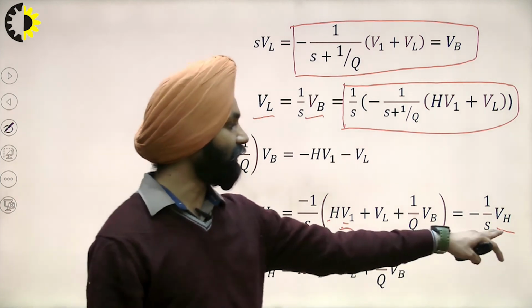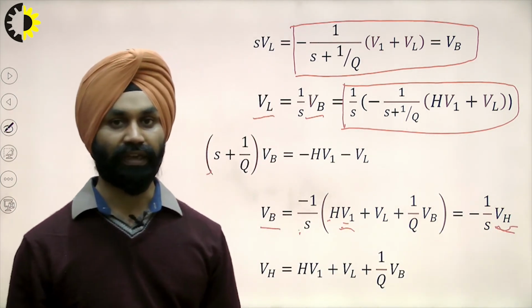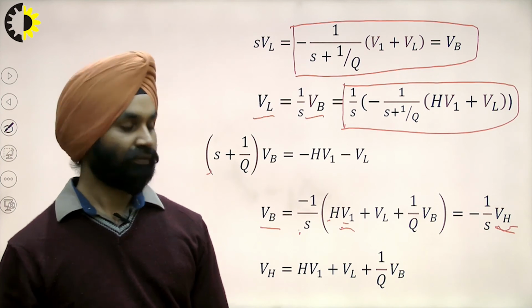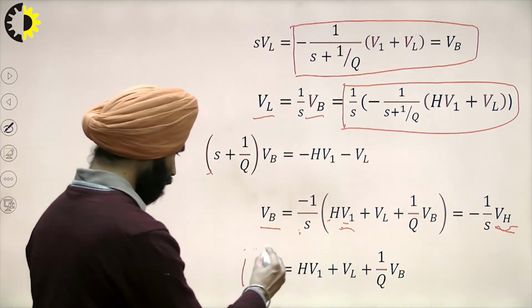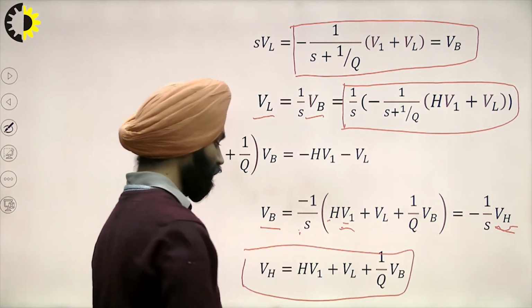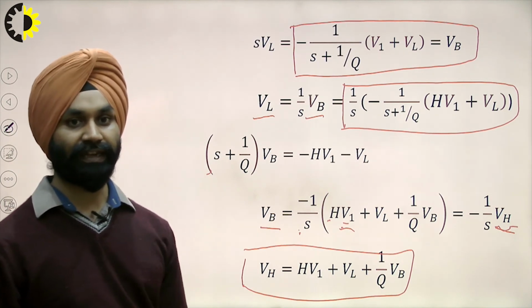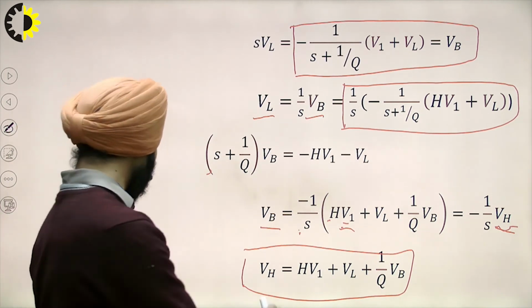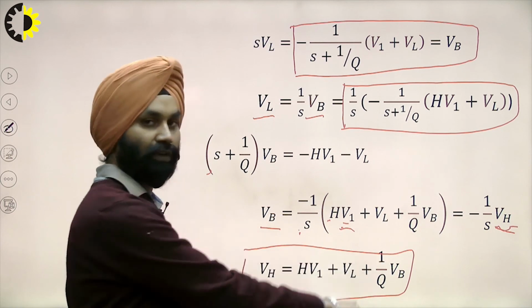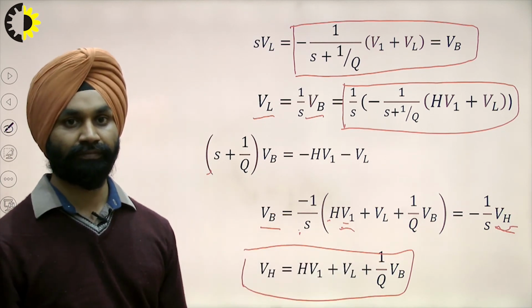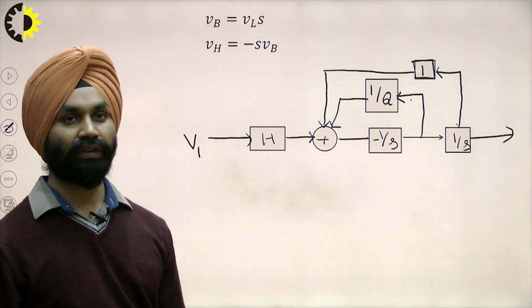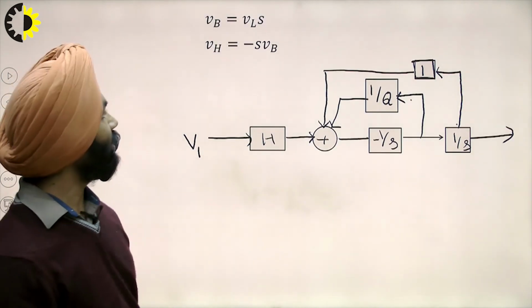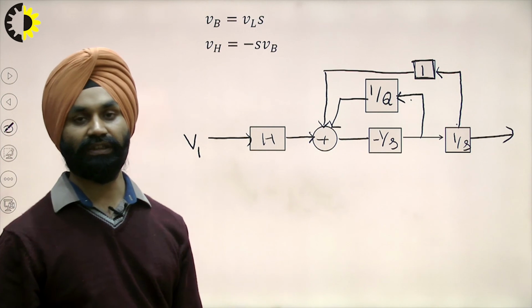That is why it is known as VH. Where VH can be given by this whole equation, that is minus H V1 plus VL plus 1 by Q VB. So, we have VB is equal to S VL and VH is equal to S VB.